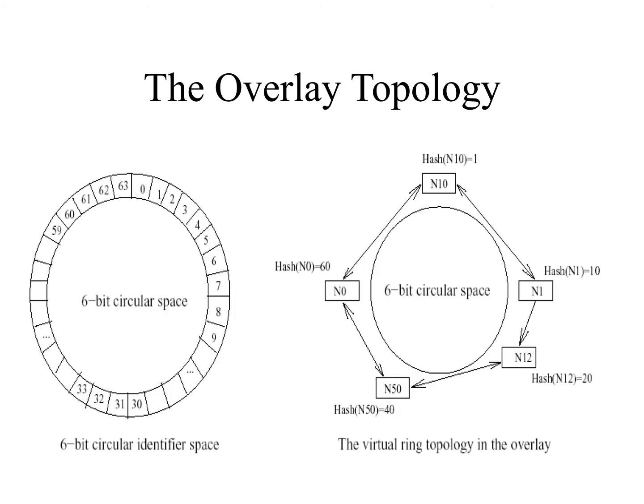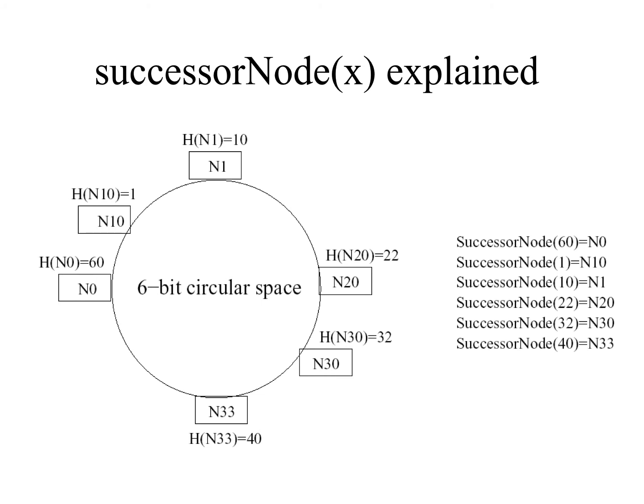So this is the overlay topology. The left is just the picture of the 6-bit circular identifier space, and the right picture is about the virtual ring topology in the overlay. Here comes the concept of the successor node, which is best explained in the next slide.